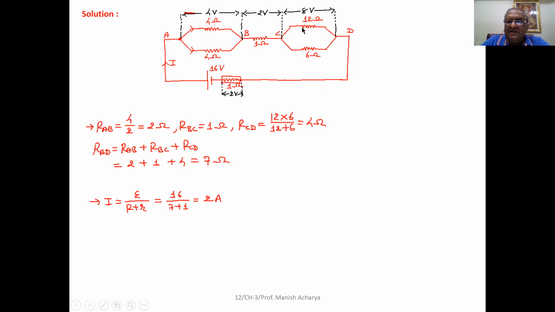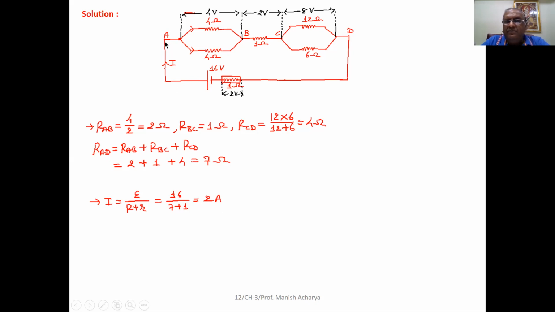Capital R, that is the equivalent resistance of the network between A and D, we calculated as 7. And small r, the internal resistance of the battery, is given to you as 1 ohm. So 7 plus 1, 8, 16 by 8, that is 2 ampere. Now the current constituted here is 2 ampere.